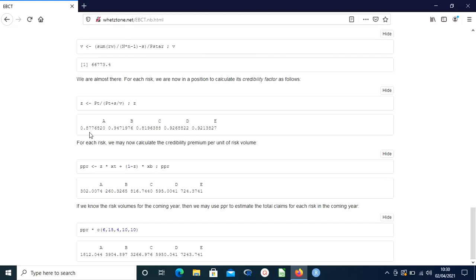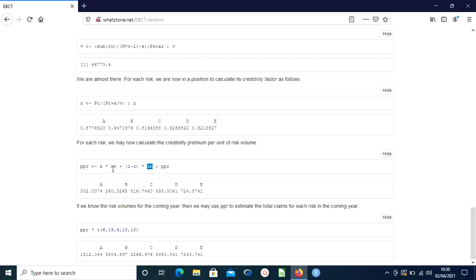So this is saying, for example, that if you look at risk A, it has a credibility factor of 0.888. So that means that we're going to give more weighting to the mean for A than for the overall mean, which is XB.